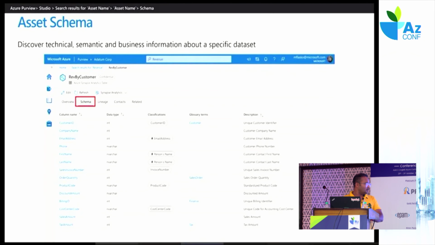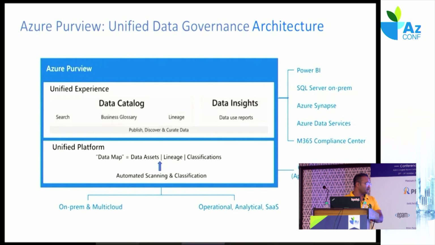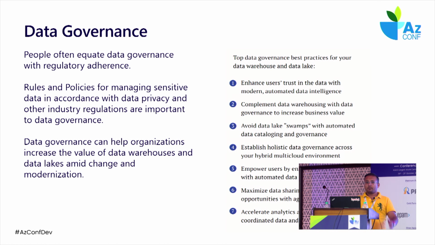Now let's talk about first, what is data governance? Basically, in an organization, from the way we store and process the data until the data is disposed of, somebody should be aware of the whole cycle of the data.